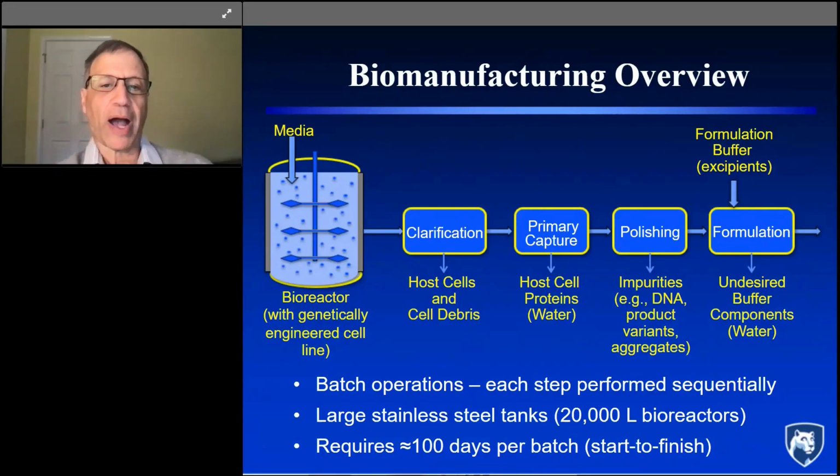This typically requires large stainless steel tanks. The standard bioreactor for monoclonal antibody production is usually a 20,000 liter reactor. And it requires a long period of time. Typically, going from the beginning of the process to actually having a formulated drug product averages about 100 days.